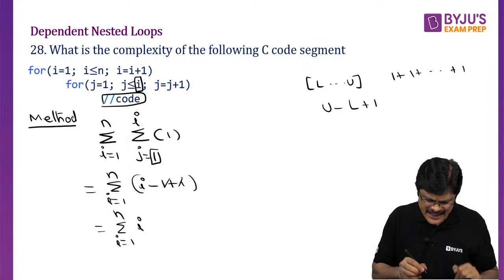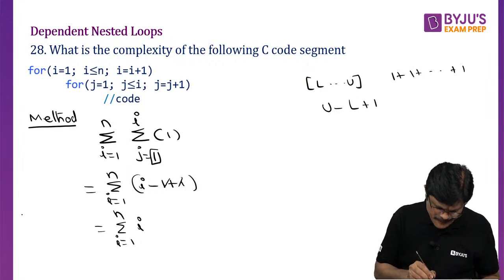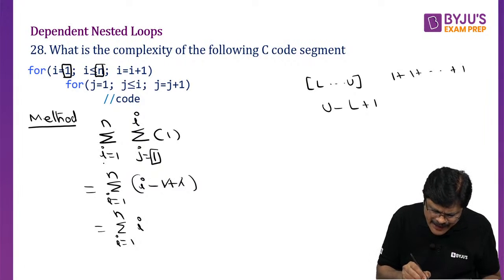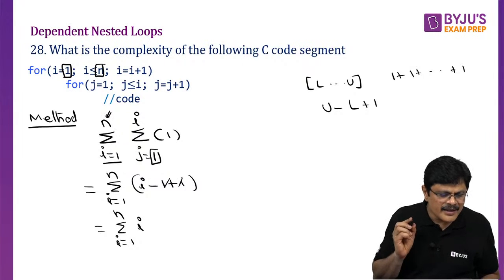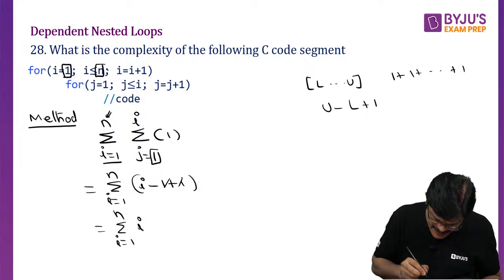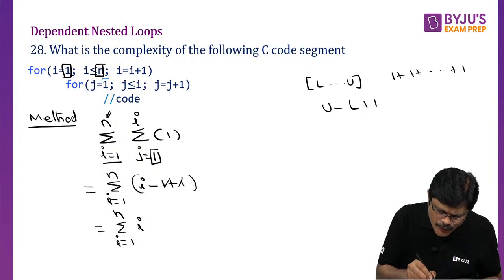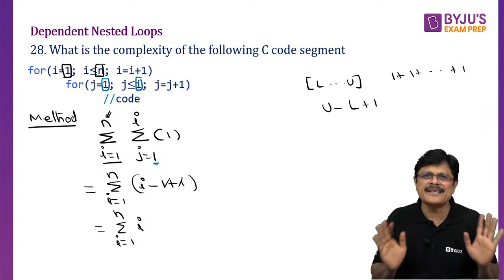See this carefully. I quickly repeat it. Here I goes from 1 to n, so in the summation the I value will go from 1 to n. Okay? Here, j is going from 1 to I, so the second variable goes from 1 to I. That's it.